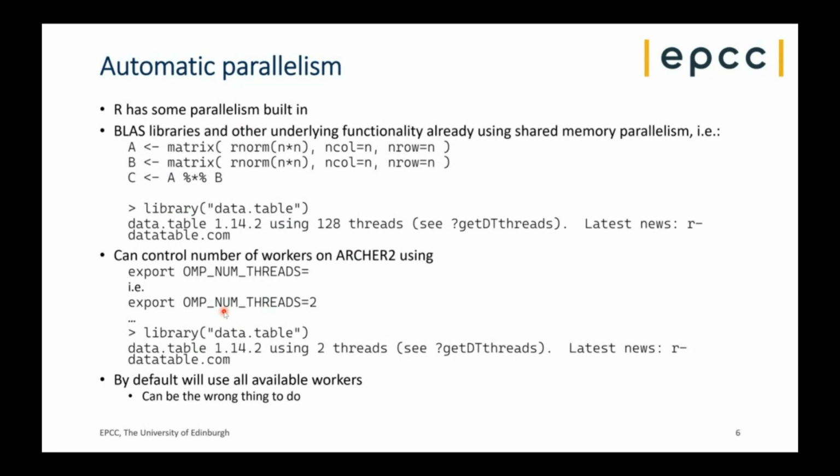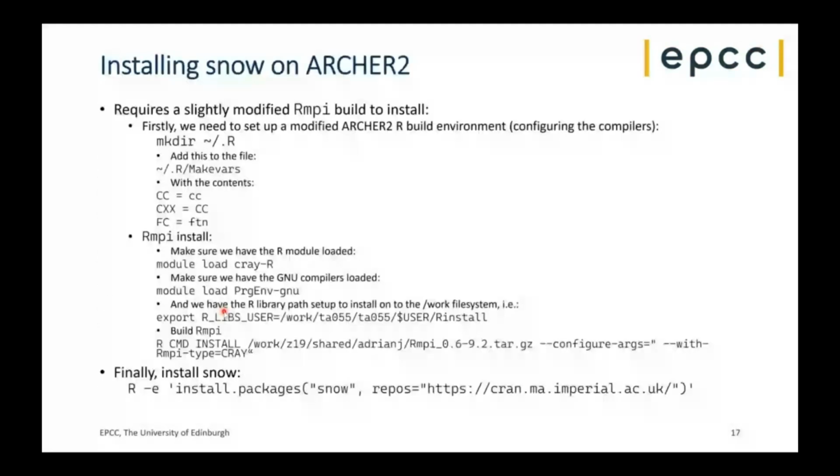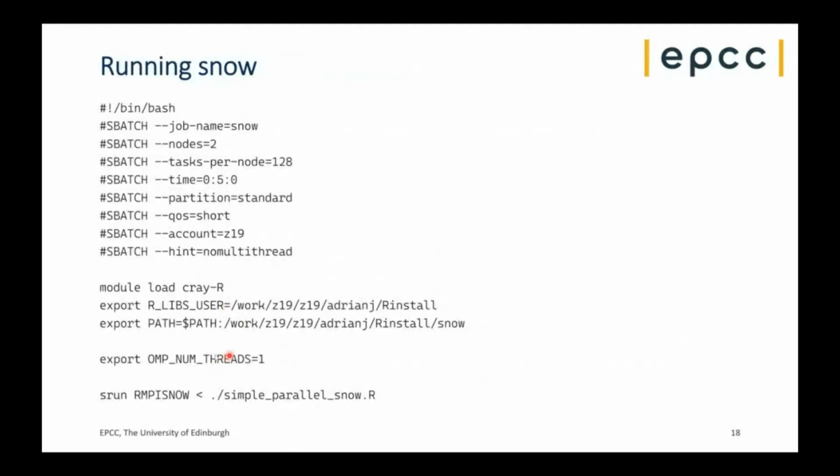So setting OMP_NUM_THREADS equals 1 would mean that when we run this, each worker is only going to use one core itself. It's not going to try and go up to 128 cores for its internal work. If you did that, you'd get clashes between the internal workers and the ones you've set up yourself, and it impacts performance. But that's the kind of functionality that's pretty easy to implement and apply in R.